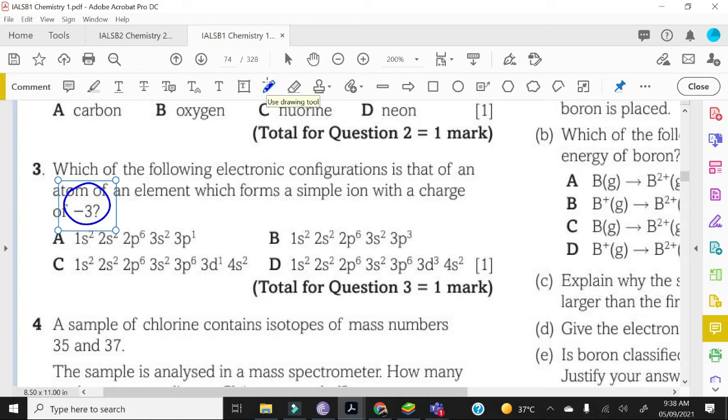Yes, please. Anyone? B. B. Which forms a simple ion with a charge of -3. Yes, anyone else?